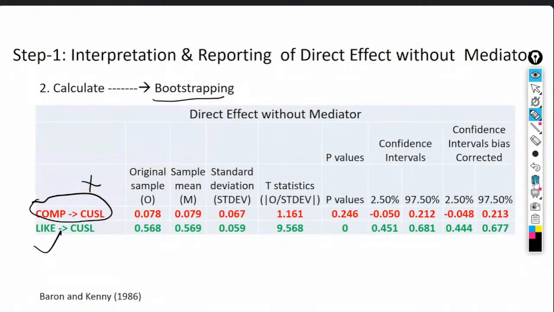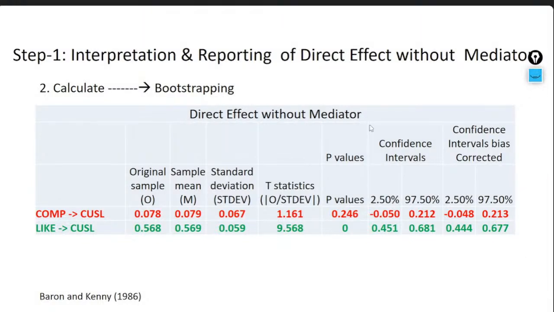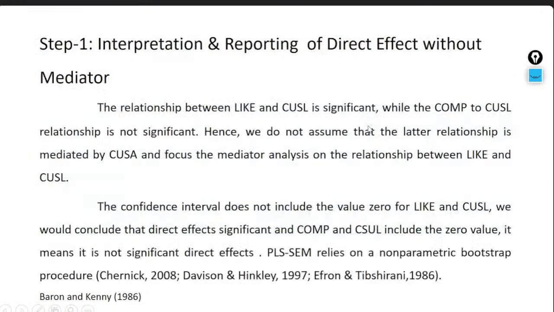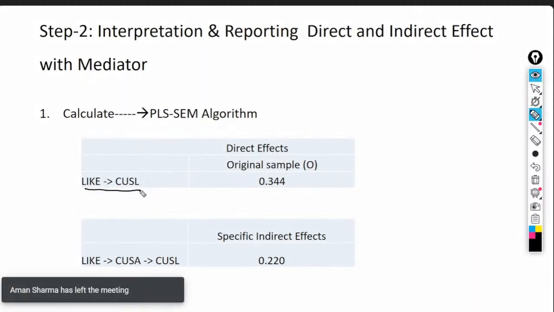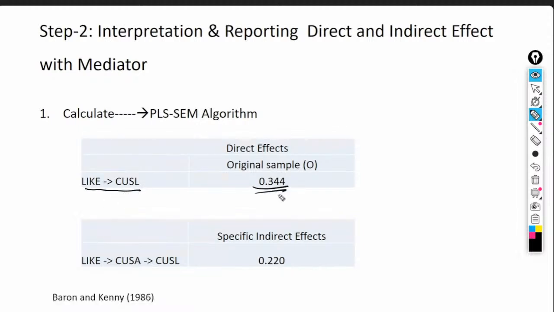Is it clear? So next, after this, we will include the mediating variable. Now we will check the direct relationship between likability and customer loyalty, which is 0.344. There are two variables: likability and customer loyalty.